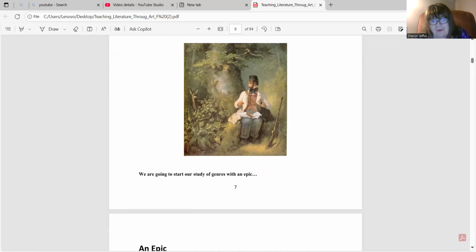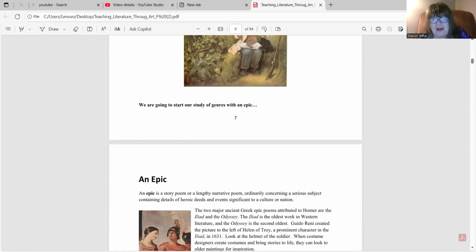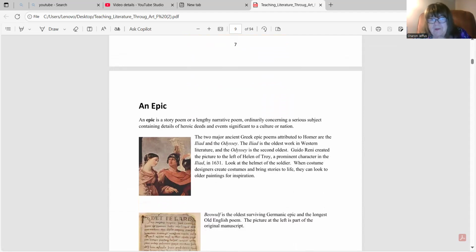So here we go. The gentleman here is looking at a deer and he's just starting a sandwich, and there's the deer. So many wonderful pictures, character studies, point of view.